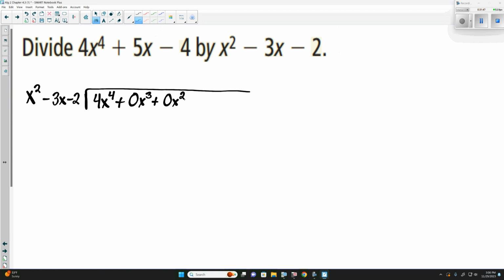Zero x cubed plus zero x squared, because we have 4x to the fourth, but we don't have an x cubed or x squared term, so we have to add them in as zeros. But we do have an x term, so it'd be plus 5x minus 4. Because if we have any terms missing, we have to add them back in with a 0 in front.